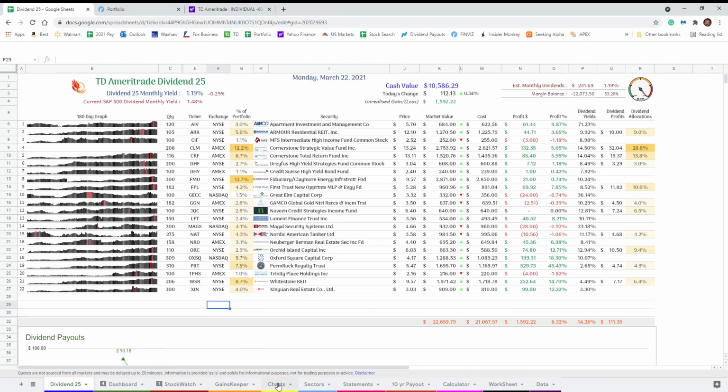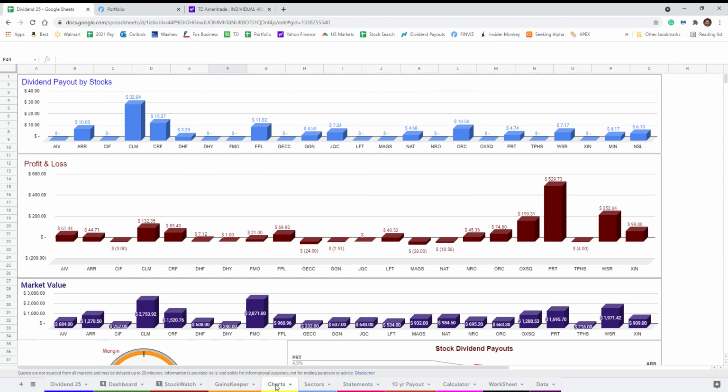I'm going to go here and show my little chart screen. This is showing my current stocks and what they've paid out in dividends. This is profits and loss on these particular stocks, and market value of each one.